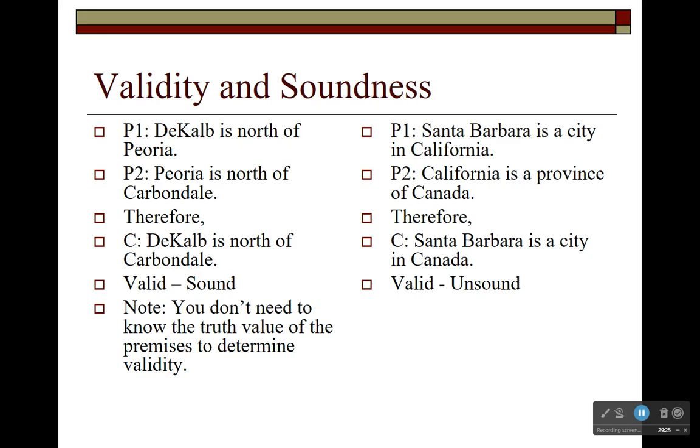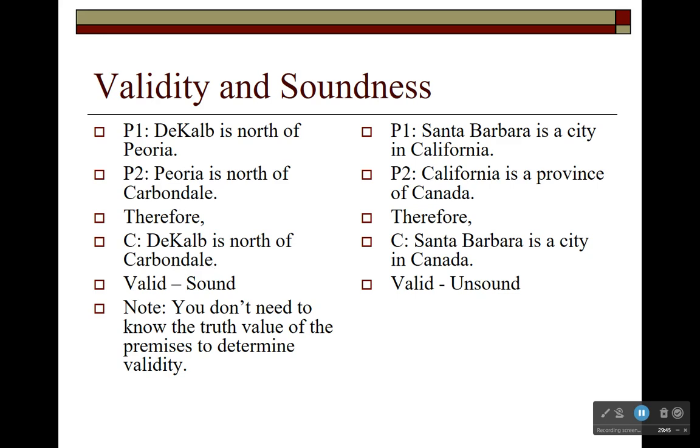Now, I'll tell you that these premises do happen to be true. So if you didn't know these premises were true, I can tell you that they are. So this is not only a valid argument, but it's a sound argument. The reasoning is correct, and it so happens the premises are true. So this is also a sound argument.